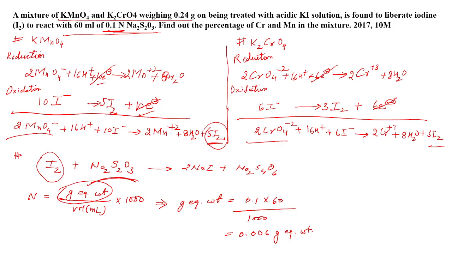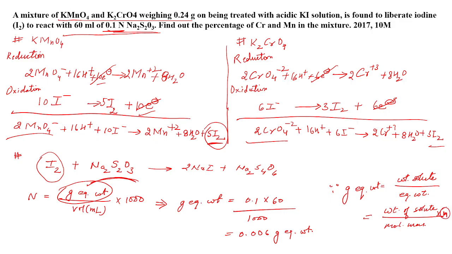Now what is this gram equivalent weight? Gram equivalent weight is equal to weight of solute divided by equivalent weight, or we can also write it as weight of solute divided by molar mass multiplied by N. N is what?